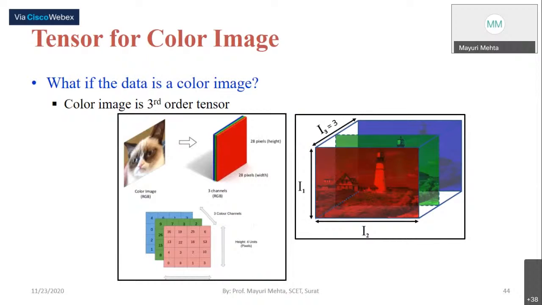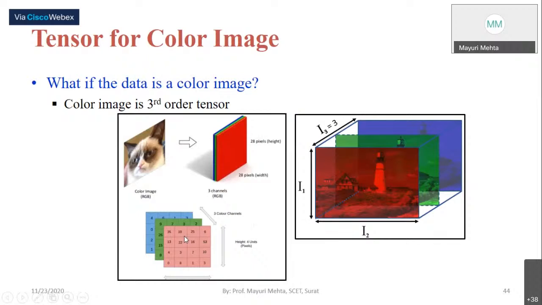If it is a color image, we know that it is represented with 3 channels, red, green and blue, right? And each channel is represented by a 2-dimensional array, because each channel is represented by intensity values. Intensity values in the red channel, and so on. If it is a 100 cross 100 pixel image, the size of this matrix would be 100 cross 100, right?